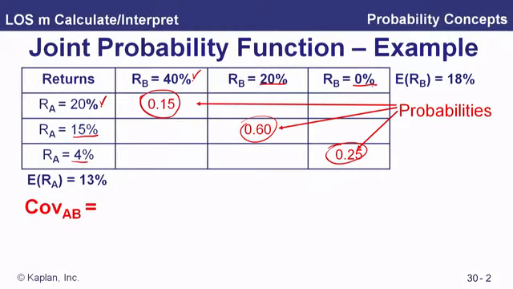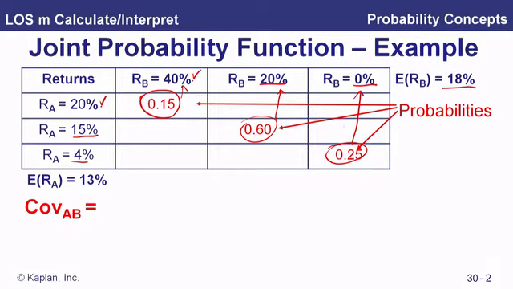So we just do our same old covariance calculation. First, we need the expected value, right, to take the deviations from the expected value. So we take those probabilities and multiply them. Those are our weights for the outcomes. So 15% times 40%, and 60 times 20, and 25% times 0.